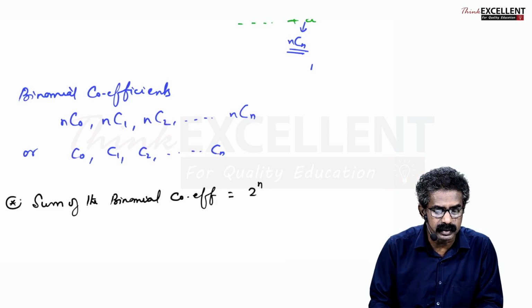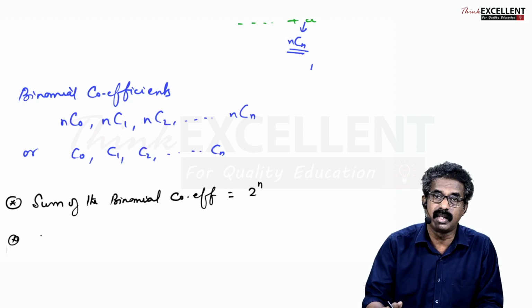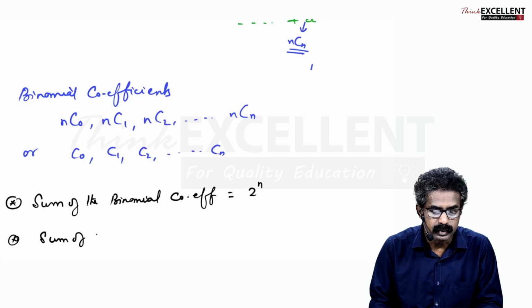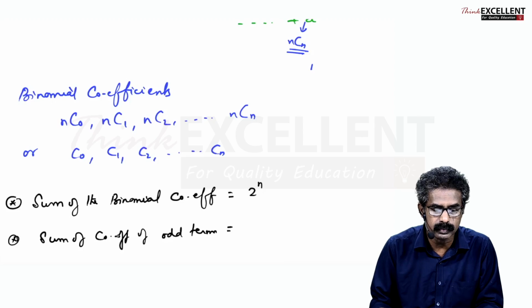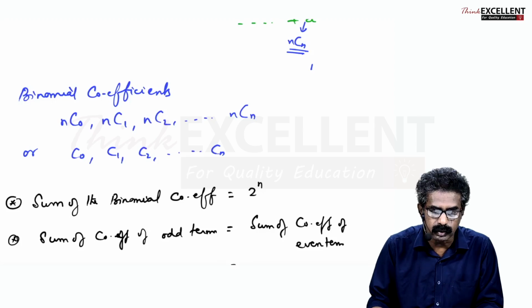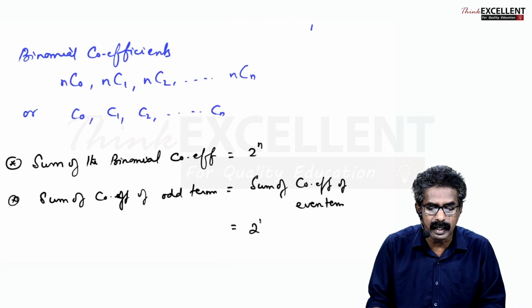Another important result, if you take the odd terms, that is first, third, fifth, like that, the sum of the coefficients of odd terms is equal to the sum of the coefficients of even terms, and each equal to 2 raised to n minus 1.